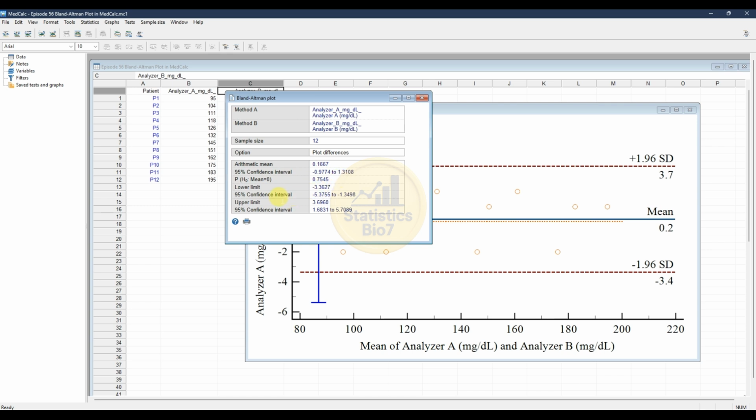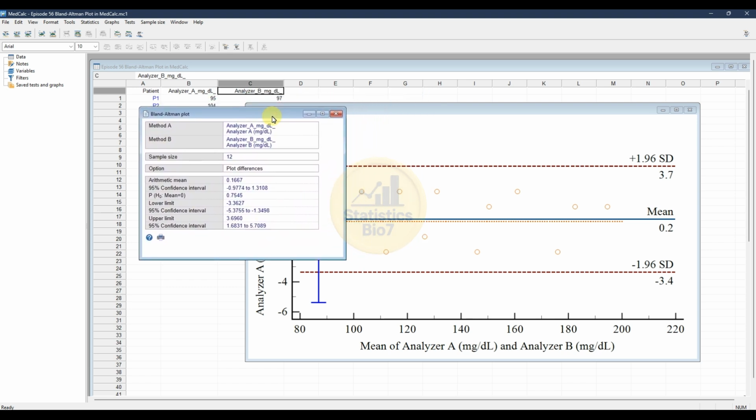The lower limit is minus 3.36 with 95% confidence interval minus 5 to minus 1, and the upper limit is 3.69 with 95% confidence interval 1.68 to 5.70. For the full explanation of the interpretation of this graph and data analysis, I will explain in one of the next posts. The post link is mentioned in this video's description box.